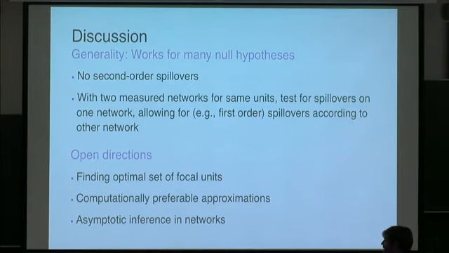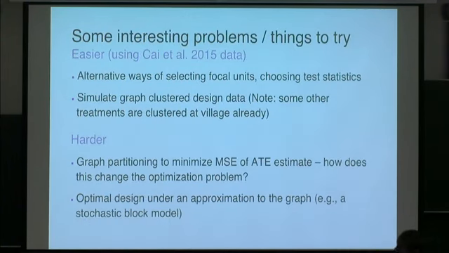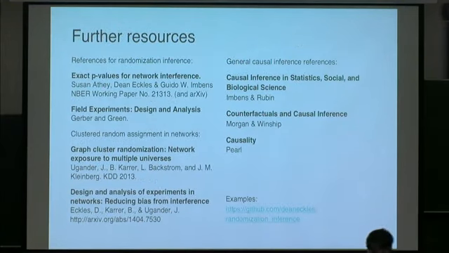So it'd be great to see further developments in asymptotic inference as well. There are some interesting problems here, including alternate ways of selecting the focal units and simulating other kinds of designs. So anyway, that's it. Thanks.